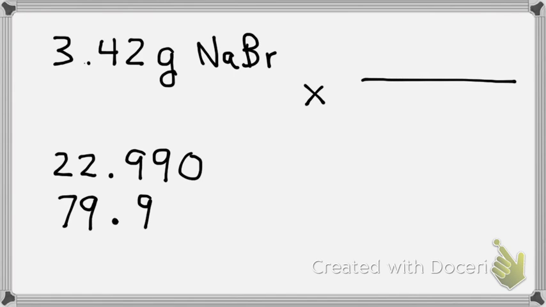You can do this a couple of different ways. I typically do it as 79.9. If we consult a periodic table, this periodic table we have in the classroom is 79.904. We're going to add those together.